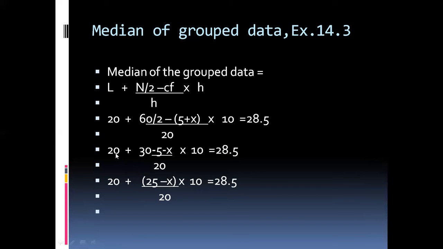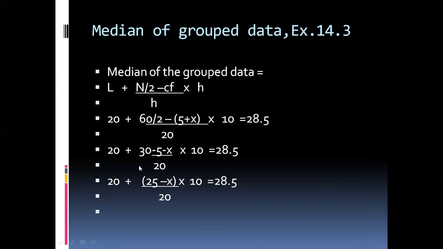Now 20 plus 60 by 2, that is 30, minus 5, remove the brackets, plus into minus is minus, so write minus x by 20 into 10 is equal to 28.5. Cancel out: 10 ones, 10 twos, which is 20.